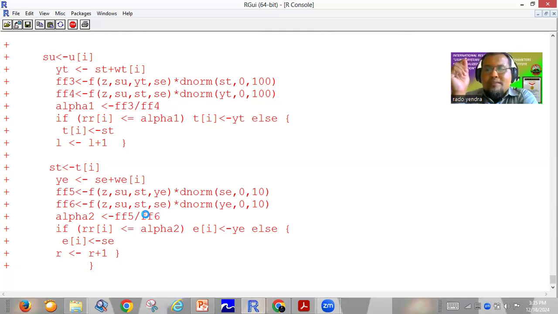Of course, we will try to solve the non-linear equation by using a numerical concept like Newton-Raphson. So it means we will need very deep mathematics when we use maximum likelihood. But when we use Bayesian Markov chain Monte Carlo, we do not need deep mathematics.